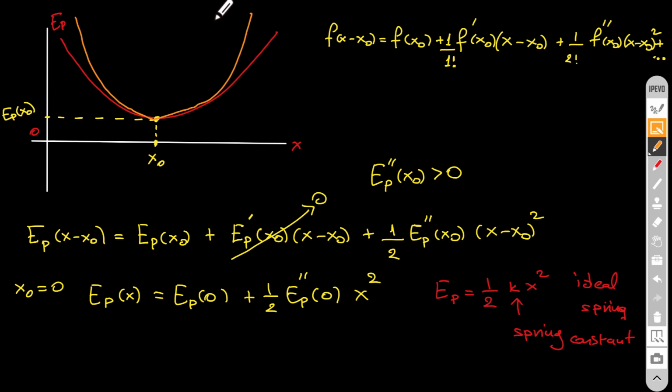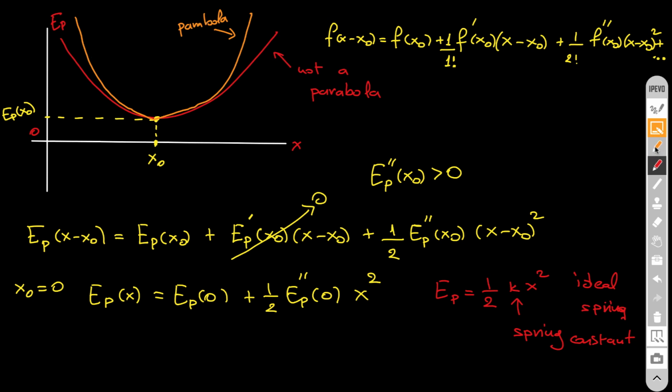Okay, so this is a parabola. The red one is not. What is the red one? As I said, the red one is the actual potential energy of the system. The orange line is a parabola. It is a 1/2 k x squared graph.